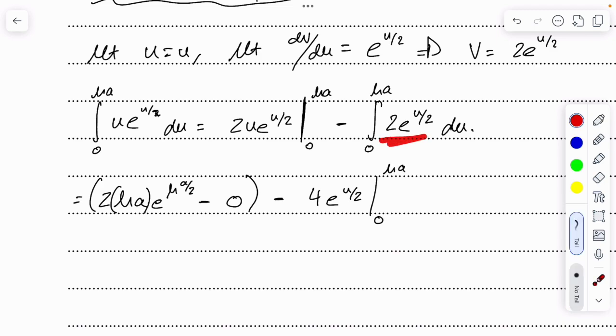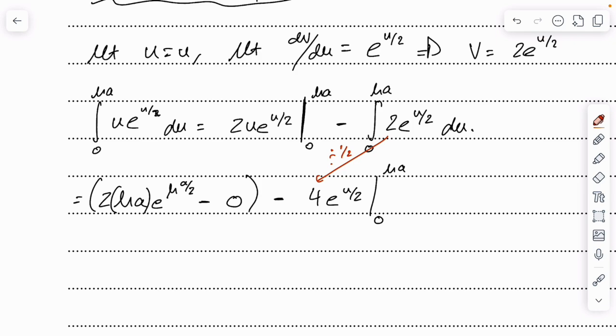You integrate this, it's 2e to the u over 2 divided by a half, so you just get the 4 there.